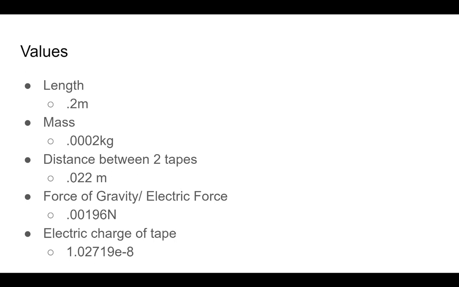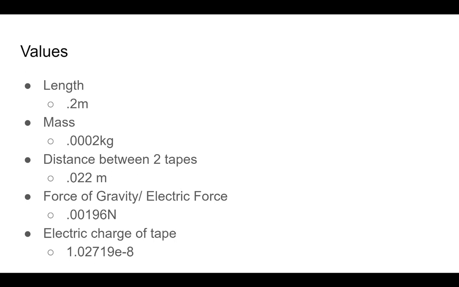The electric charge of the tape after calculations is 1.02719 times 10 to the negative 8. We get this force of gravity from just the mass we found here times the gravitational constant. And because the net force is equal to zero, that means the force of gravity plus the electric force is equal to zero, and then the electric force magnitude will be equivalent.